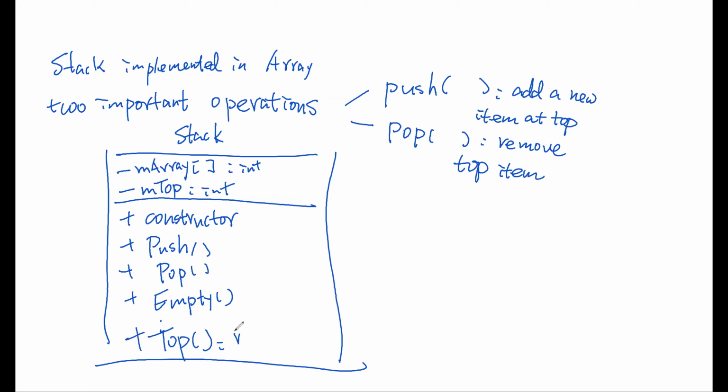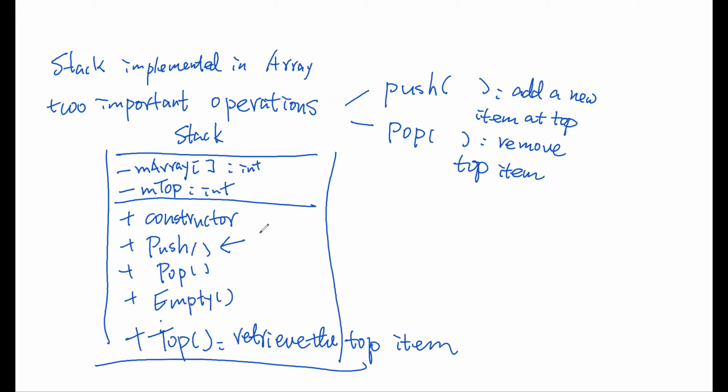Top is to retrieve the top item. And if top is used to retrieve the top item, what do you think about push? Is push a get or set function?